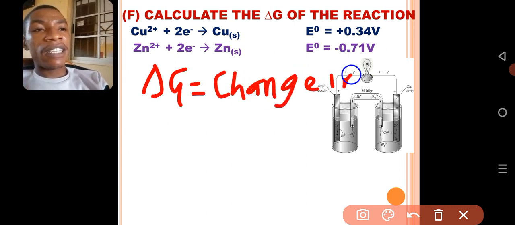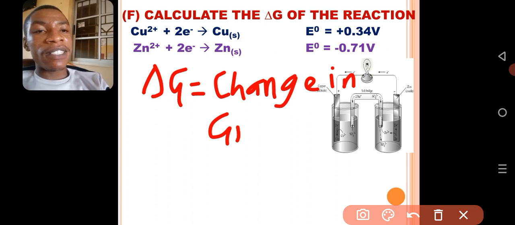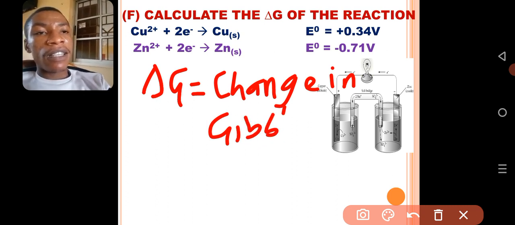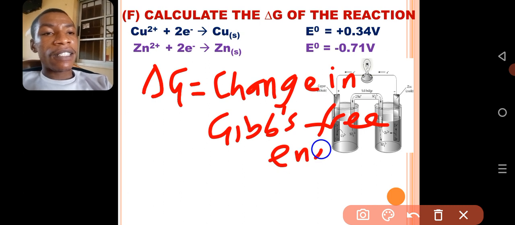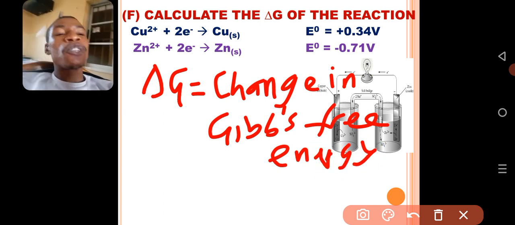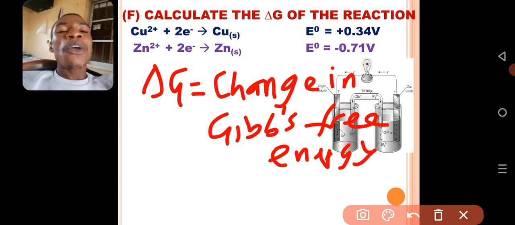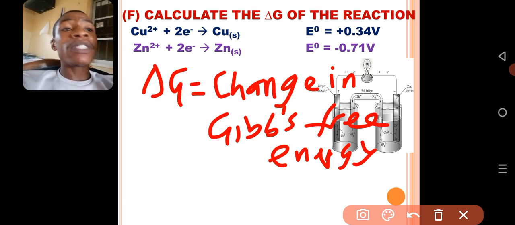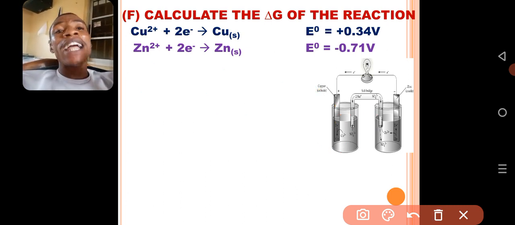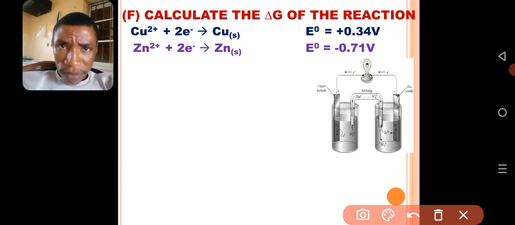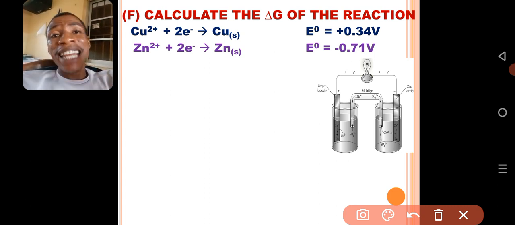That G stands for Gibbs free energy. It's always used to determine whether a reaction will be spontaneous or not spontaneous. Spontaneous means whether a reaction will occur on its own or it will require external help.